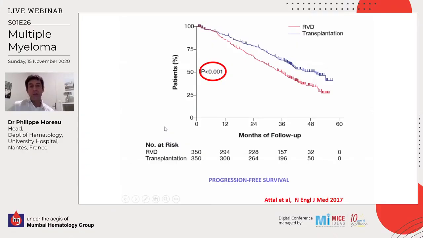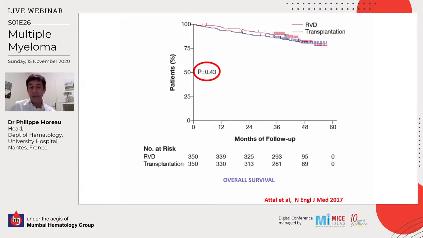You know the results of this study, showing that in blue, stem cell transplantation is associated with the best progression-free survival, 50 months, versus 36 months with VRD alone. But interestingly, overall survival is not different when comparing VRD versus autologous stem cell transplantation.